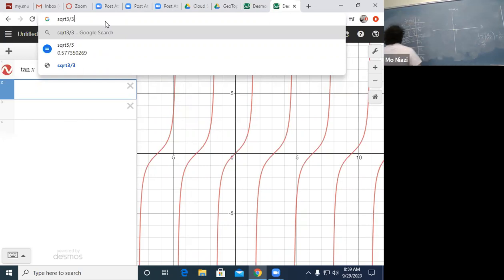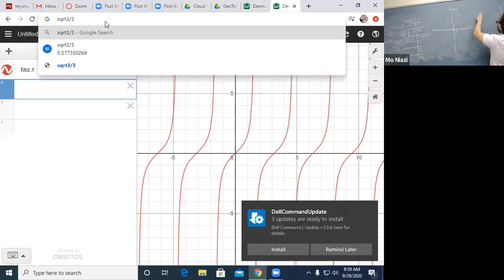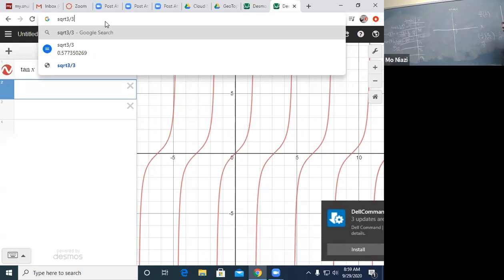And then, what about pi over 3? At pi over 3, it's a tangent of pi over 3, which is sine of pi over 3 over cosine of pi over 3. Right? Which then I get root 3 over 2 divided by a half. So when you multiply by reciprocals, you get that.